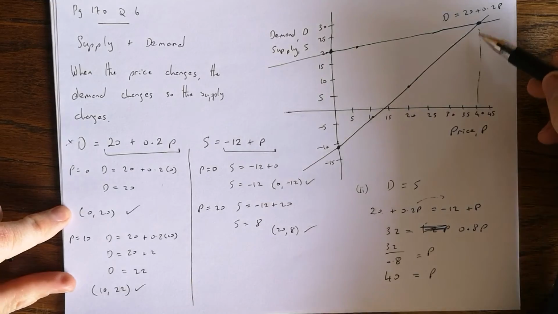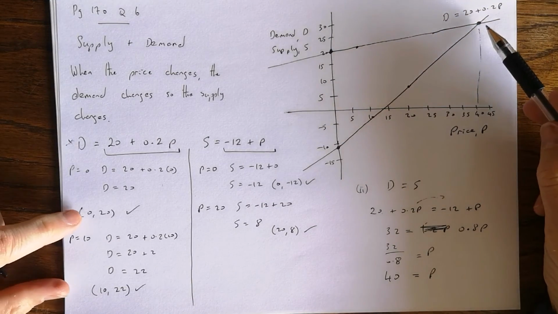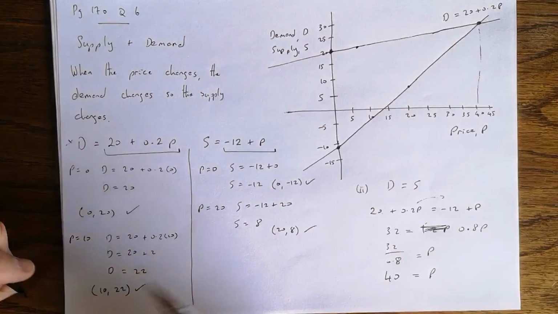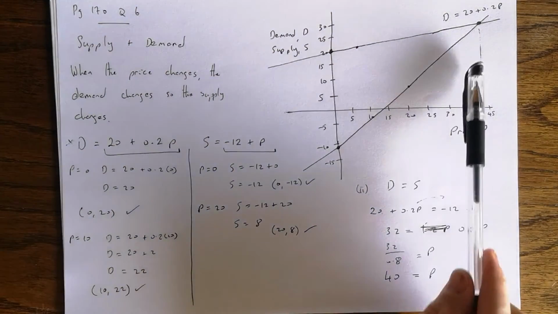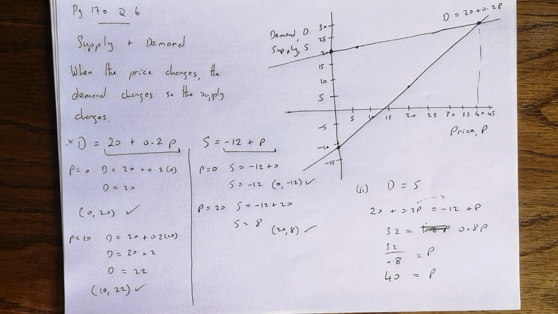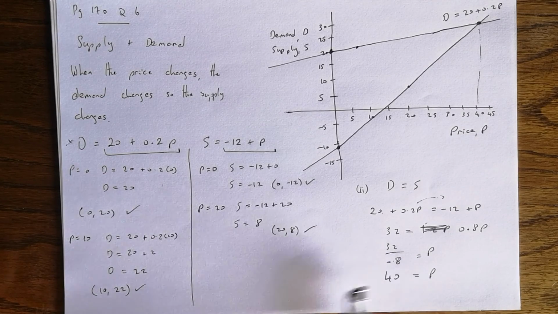When I drew the graph, I couldn't say for definite that it was at 40 because it's a graph. But it shows me that my graph is right because I got the same thing down here. So when the demand is equal to the supply, we get this state of equilibrium, and at that state the price will be 40 euro.